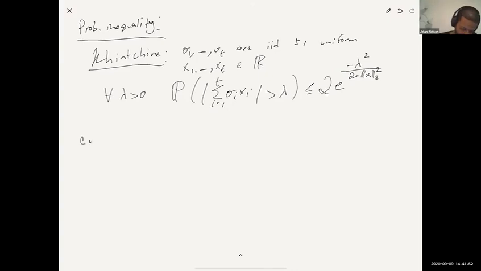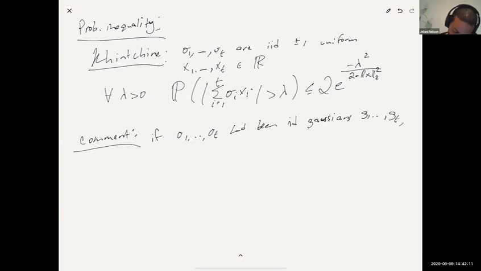Just a comment. If sigma 1 up to sigma t had been independent Gaussians, G1 up to Gt, then the sum of Gi xi is a Gaussian with mean 0 and variance equal to the L2 norm of x squared.